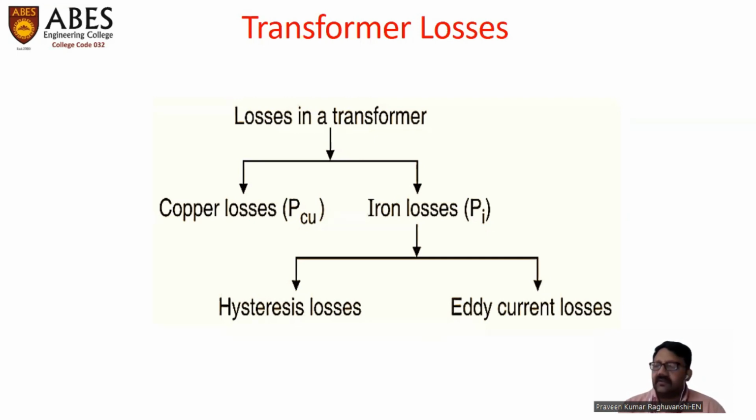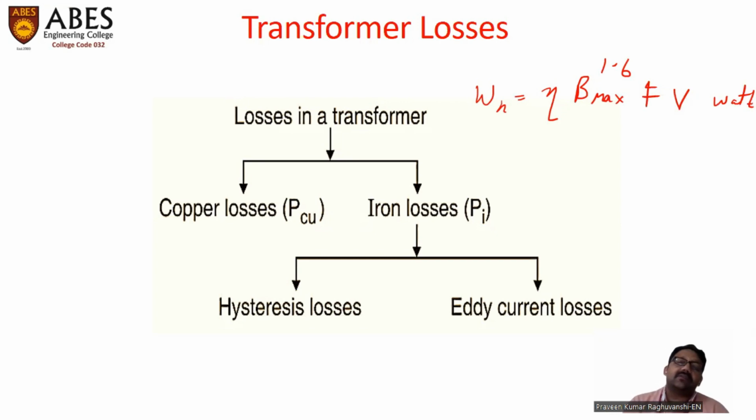These hysteresis losses are given by the formula WH = η Bmax^1.6 f V watt, where η is the hysteresis coefficient, Bmax is the maximum flux density in the transformer core, f is the supply frequency, and V is the volume of the transformer core in cubic meters.